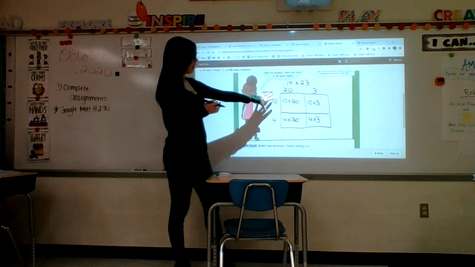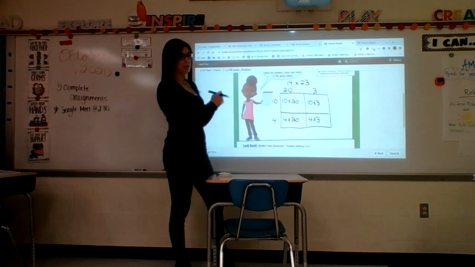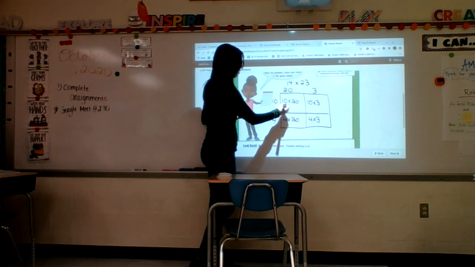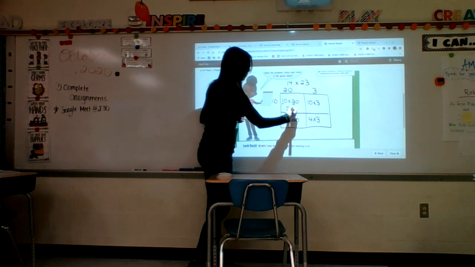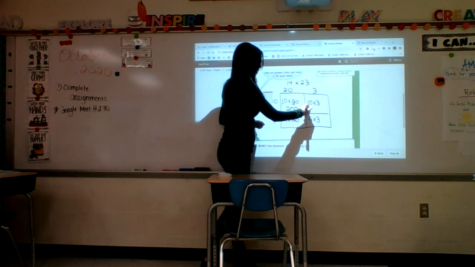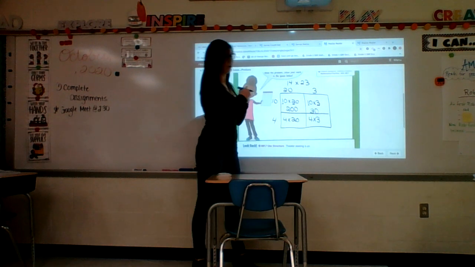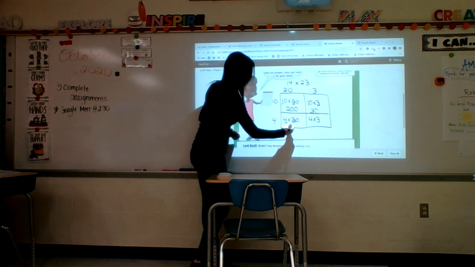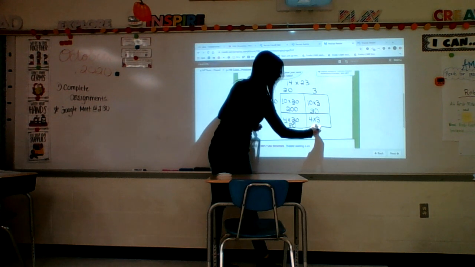So I drew my area model, I broke it apart, I figured out the multiplication problems. Now I need to actually multiply. So 1 times 2 is 2, and I add my 2 zeros to get 200. 1 times 3 is 3. I add my 1 zero to get 30. 4 times 2 is 8. I add my 1 zero, and 4 times 3 is 12.